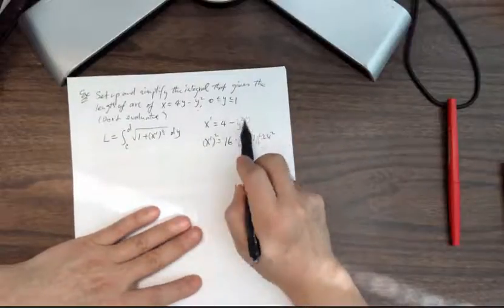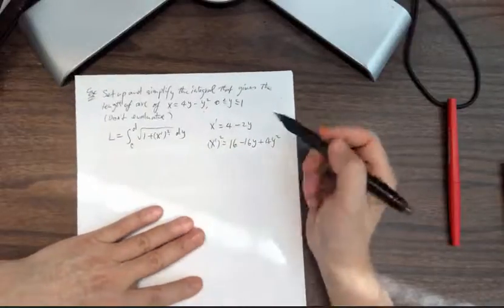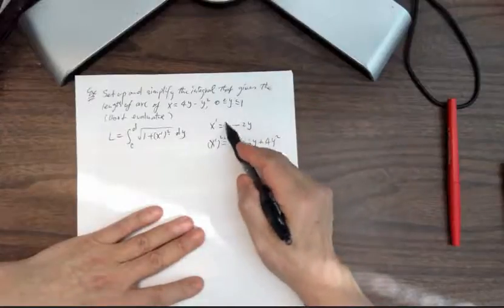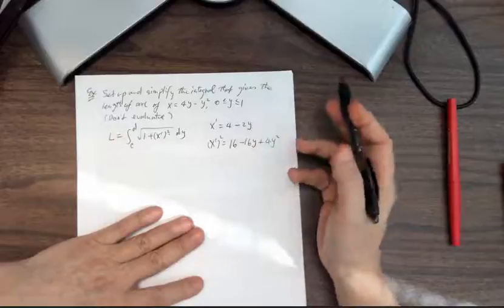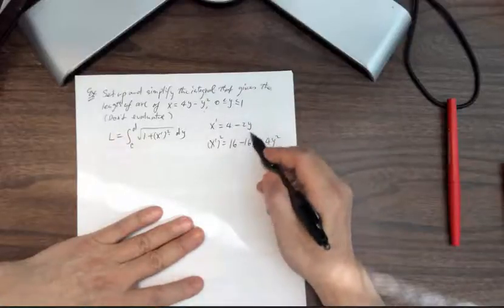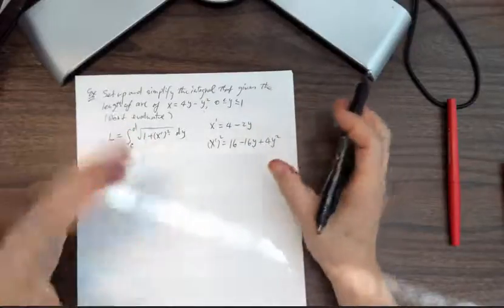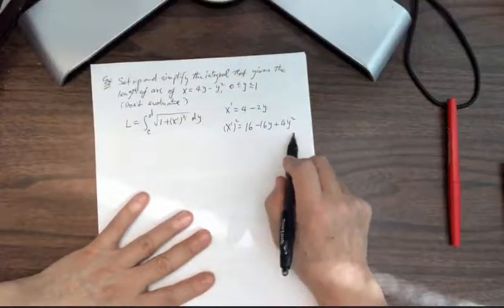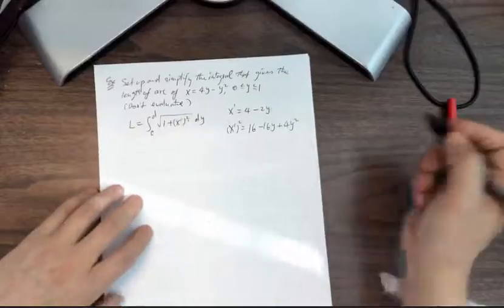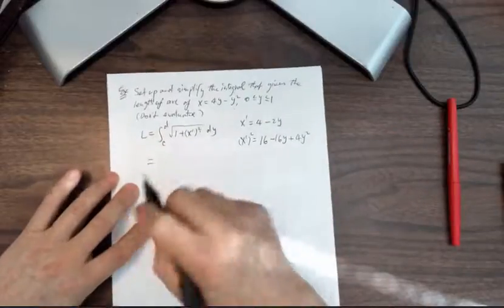I used the square of a difference formula. You can do 4 minus 2y times 4 minus 2y, or you can use the distributive property. No matter how you do it, it's just algebra. You should get that. Then plug in.